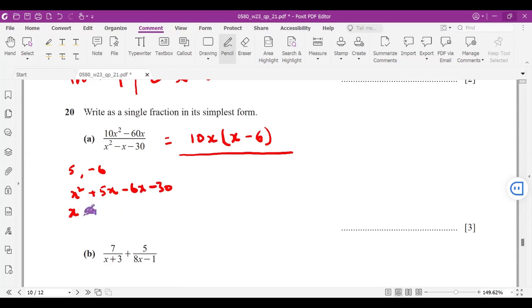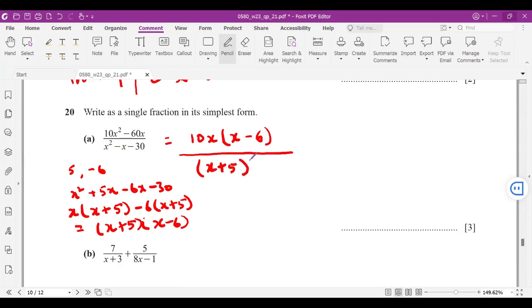So you have x into x plus 5, and then you're going to have minus 6 into x plus 5. So this is going to result to x plus 5, x minus 6. So here we have the denominator is x plus 5, x minus 6.